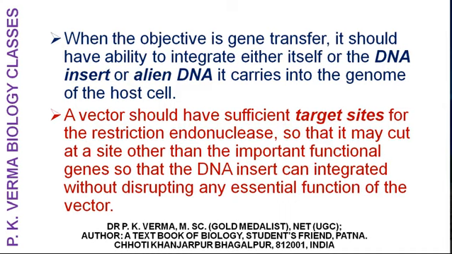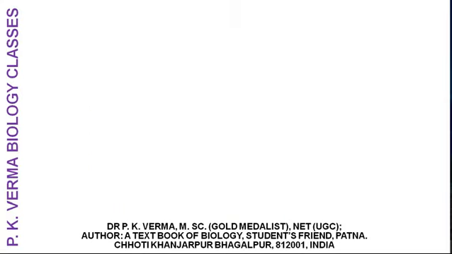Therefore, the target should be somewhere else, in some non-essential part of the chromosome, and therefore in most cases the target selected is a plasmid DNA, not the main chromosome of the host cell. Plasmids have no essential gene for the physiology of the host cell.